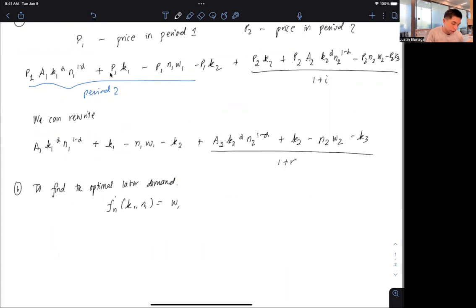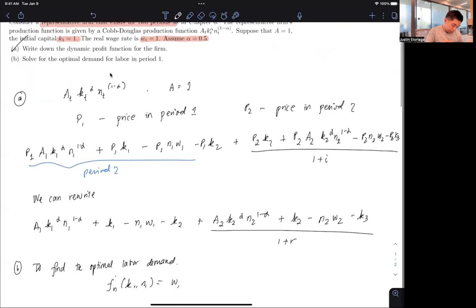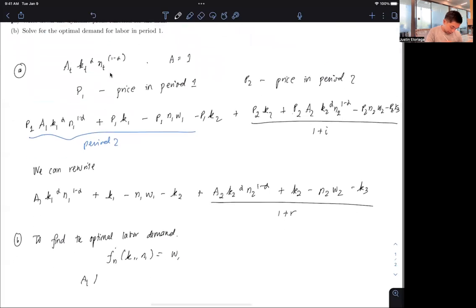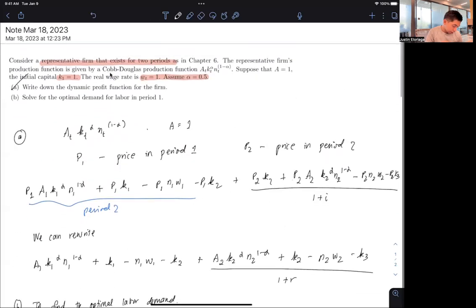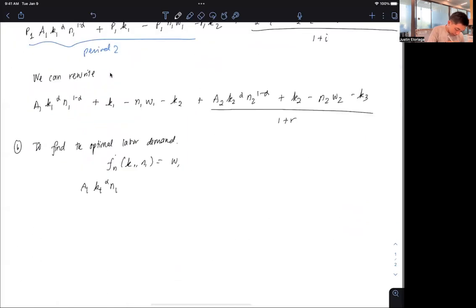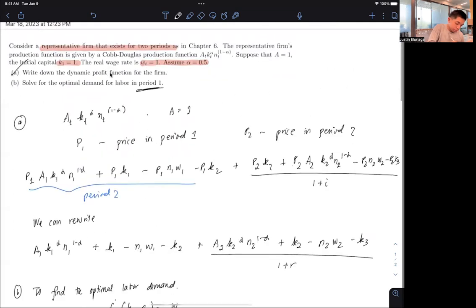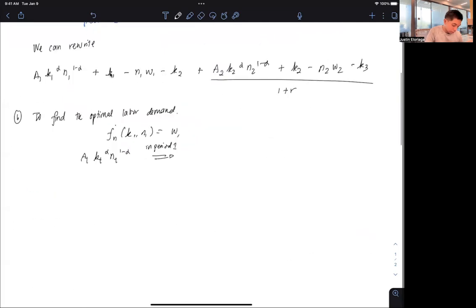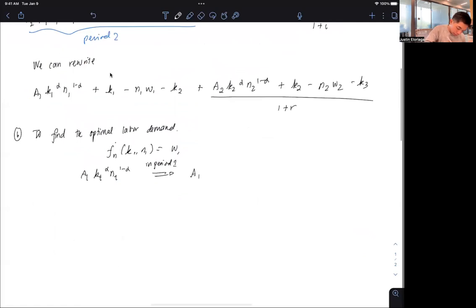You remember our production function is A_t K_t^alpha N_t^(1 minus alpha). In period 1, because we're looking for period 1's optimal labor demand, this is going to be A1 K1^alpha N1^(1 minus alpha).